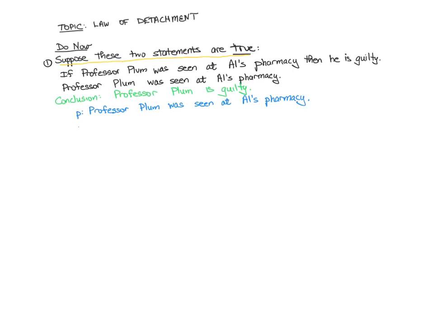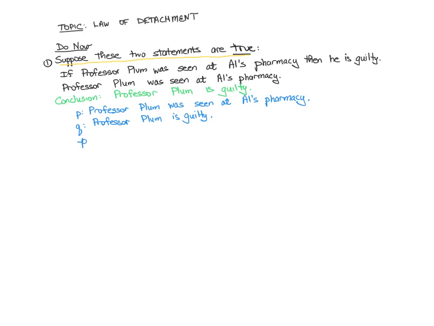And let Q represent that Professor Plum is guilty. So the original information can be written as follows.